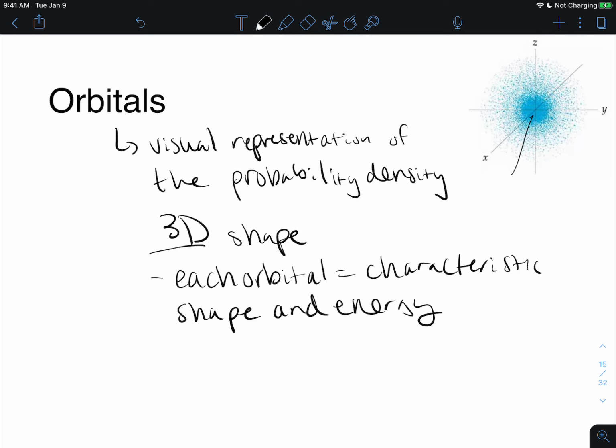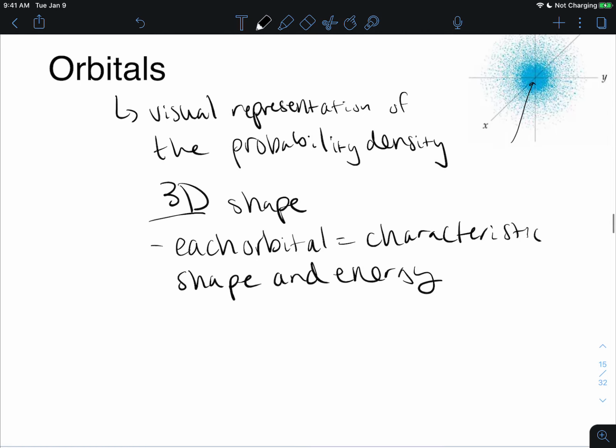If you see anything that has very large density, it's going to have a much higher chance of finding the electron. And as you go further and further away from the nucleus, you're going to decrease that chance of finding the electron. So you have a less likely chance of that electron being in that location, but not impossible.